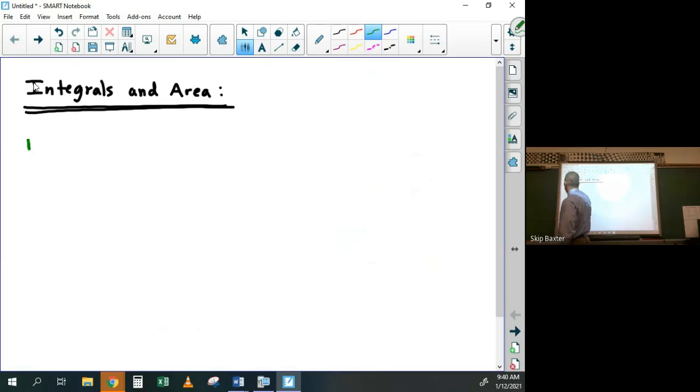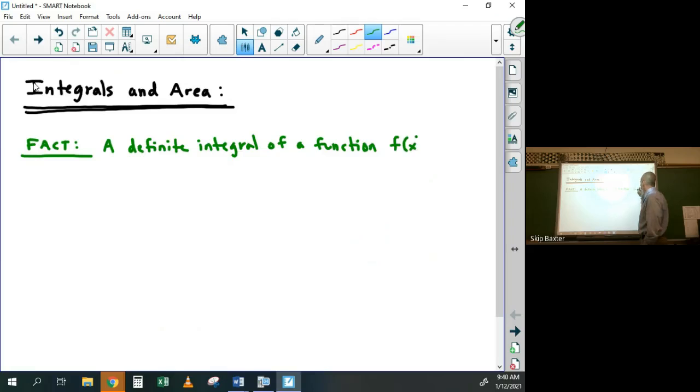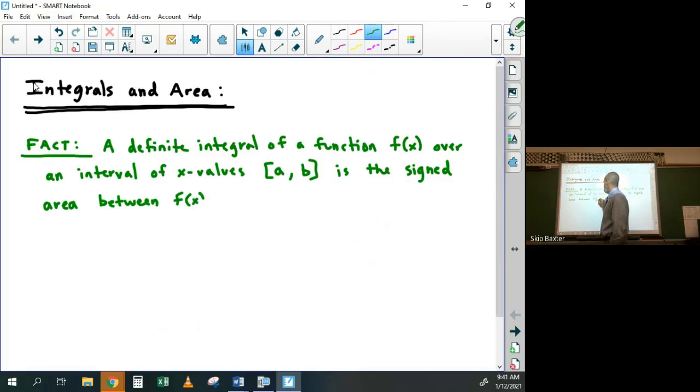And here's the idea. Here's the fact. The fact is, a definite integral of function f of x over an interval of x's from a to b is the signed area between f of x and the x-axis.